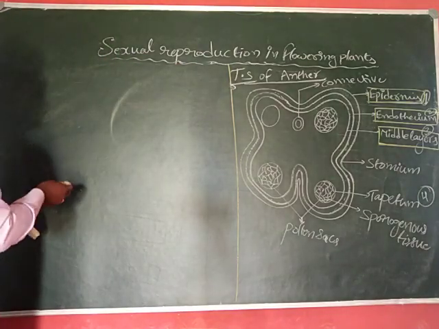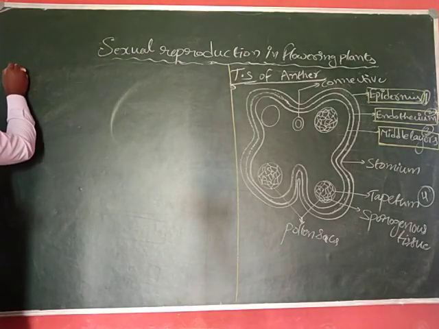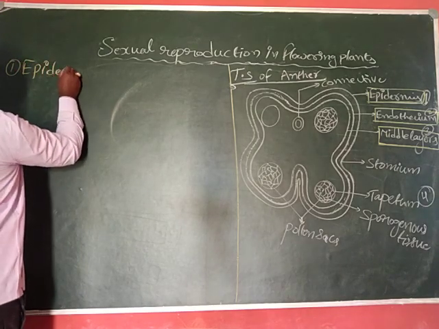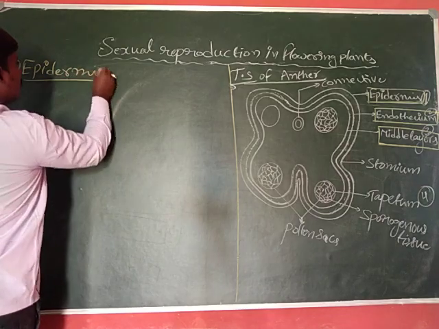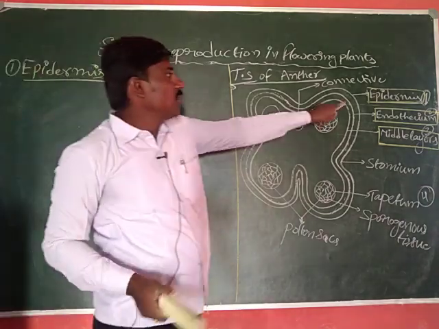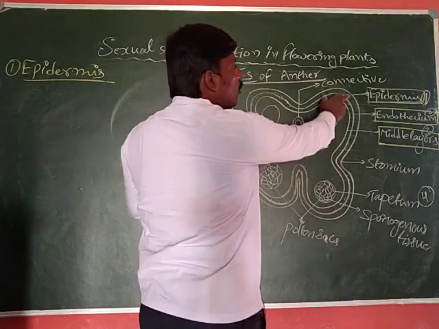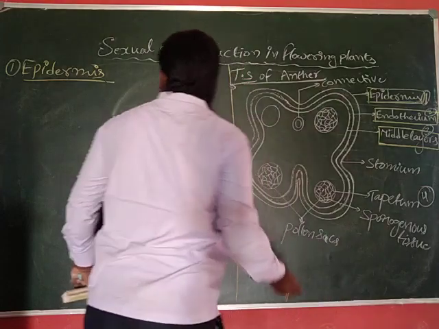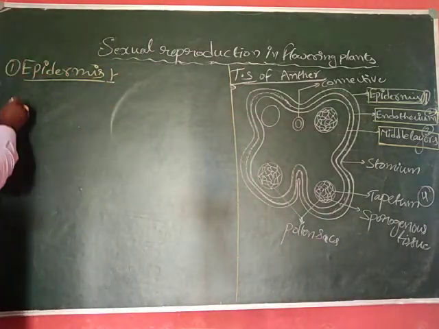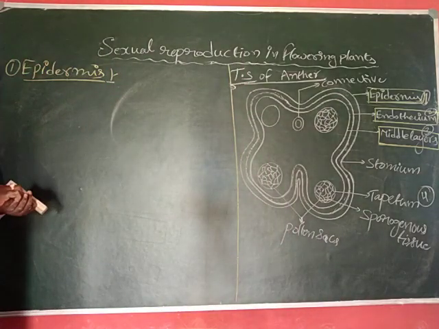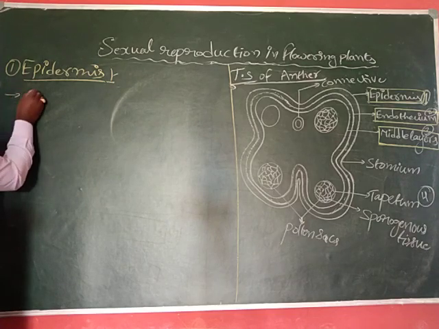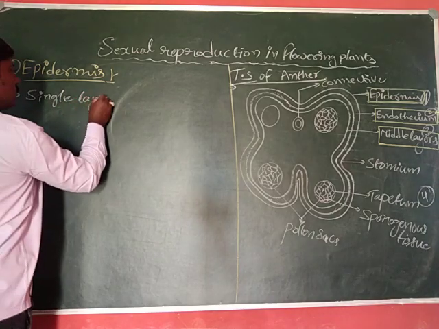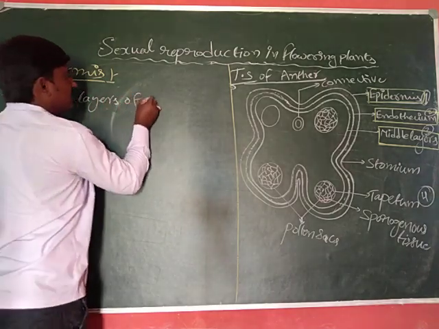The first one is epidermis. This epidermis is the outermost anther wall layer. It is made up of a single layer of cells.